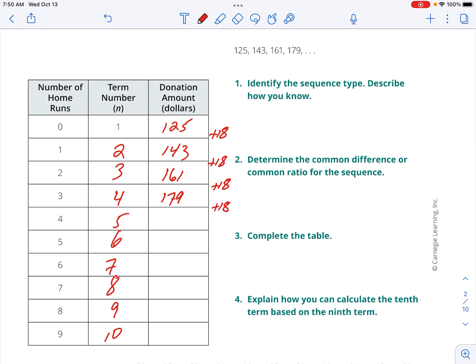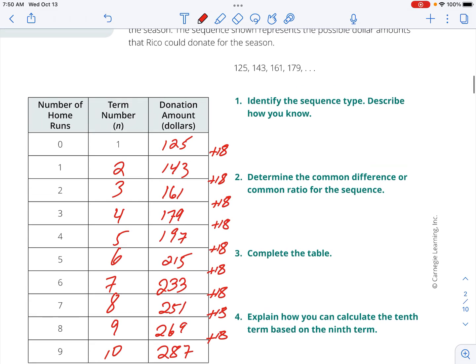So 179 plus 18, and I would show that 18 off the top side like I'm doing here, just to visually see that, again, you're remembering that you're adding $18 each time. 269, $18 one more time, $287. So after 9 home runs, Rico's going to be donating $287.